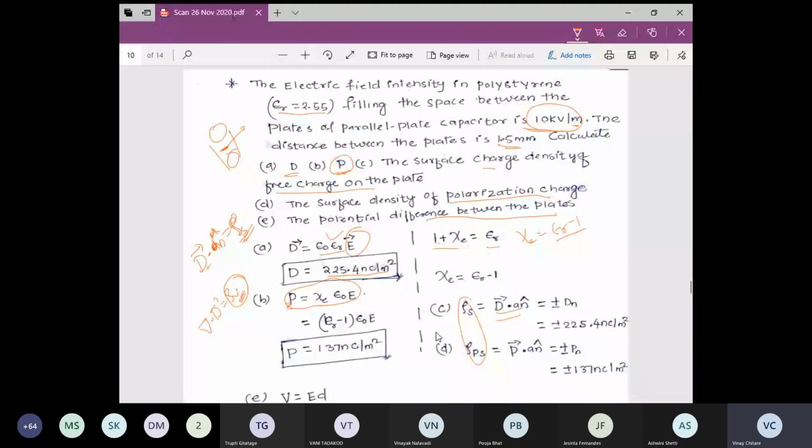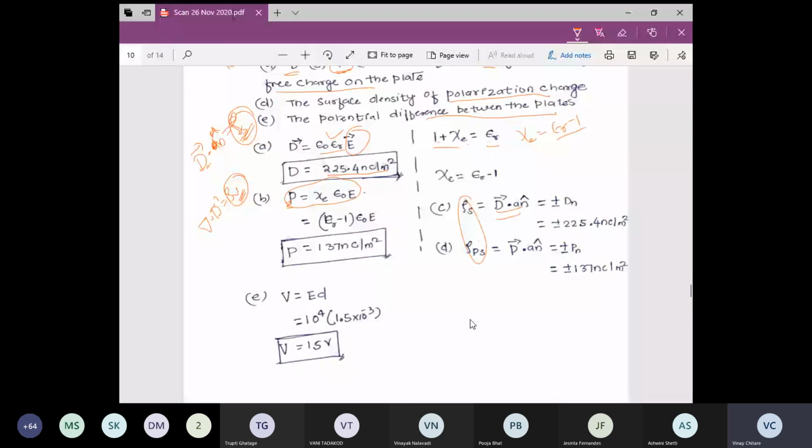That's what we have. So if you want to find the polarized charge density, it's given by P dot a_n hat, as we have discussed very recently.